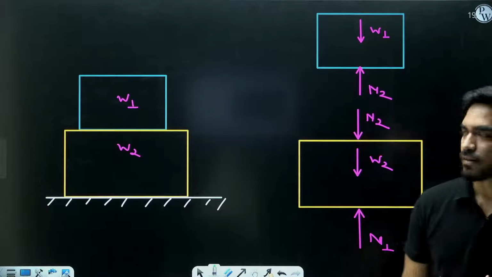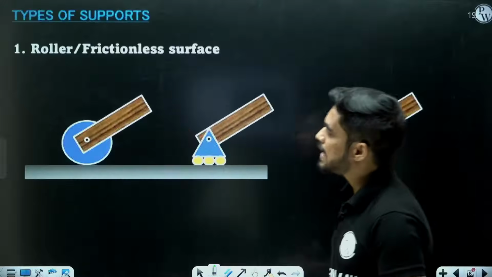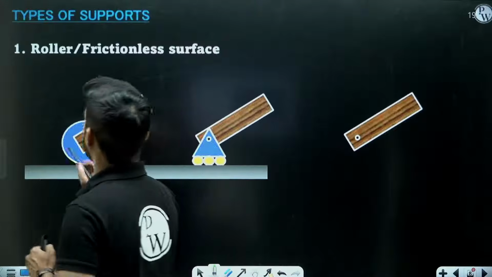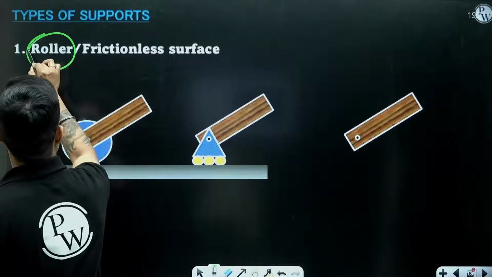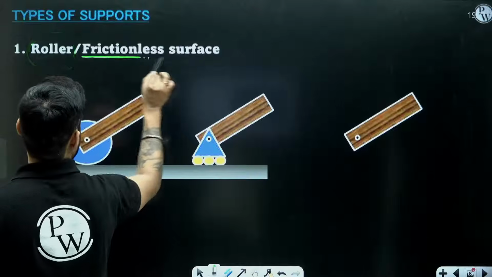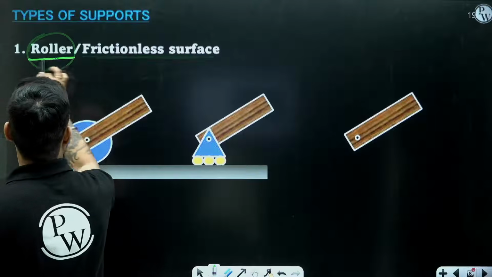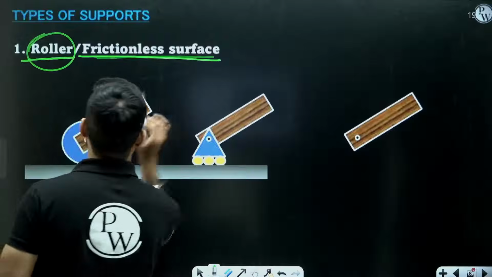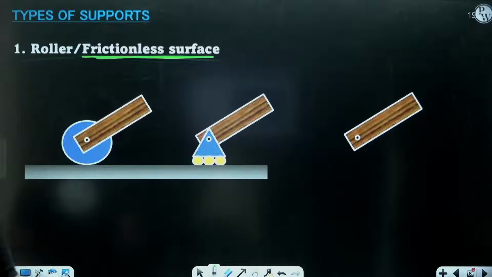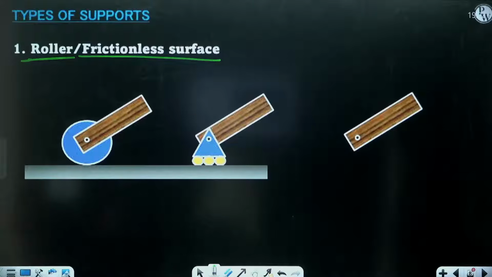Okay. So the first category of support is known as a roller support or a frictionless surface. I will tell you about frictionless surface later. Right now, I will explain to you about the roller support.